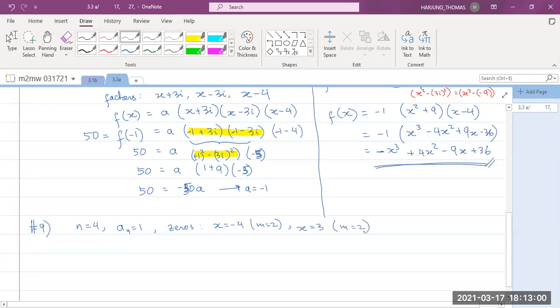So find the polynomial f(x) with degree 4 and leading coefficient 1 such that both negative 4 and 3 are zeros of multiplicity 2. Then sketch the graph of the function. Let's find the function first.